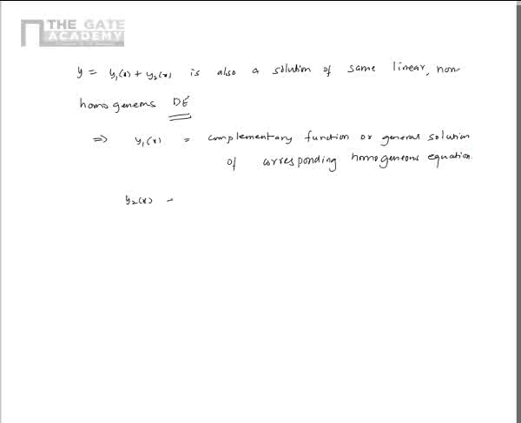And y2(x) is basically called the particular solution of the non-homogeneous equation. So these are the terminologies: complementary function and particular solution, or the complementary solution and particular solution.